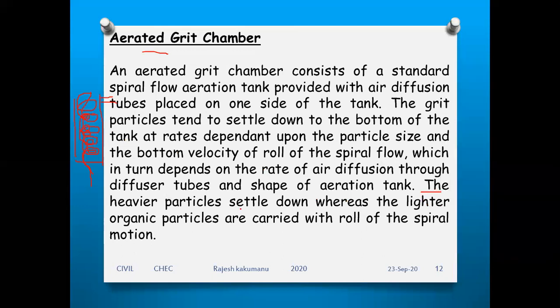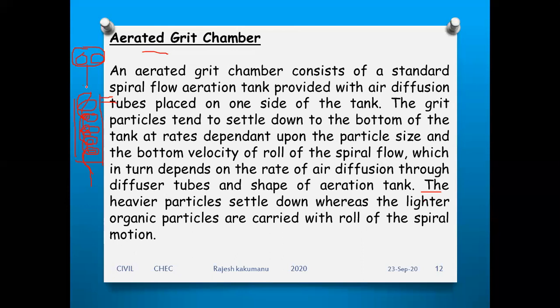The heavier particles settle down, whereas the lighter organic particles are carried with the roll of the spiral motion. So what is before this aerated grit chamber? In the stage before it, you have a comminutor. This comminutor will crush the solid particles into pieces. Even then, some remaining solid particles go into the aerated grit chamber.